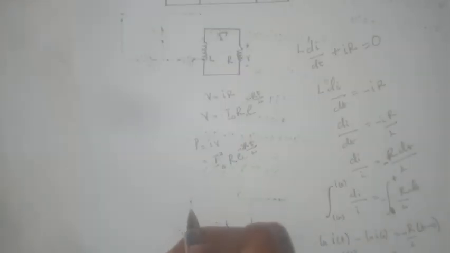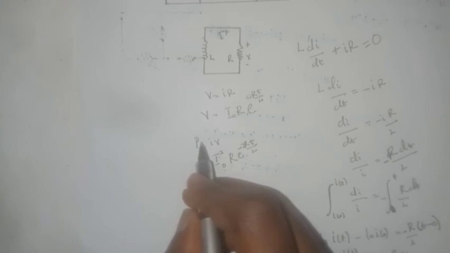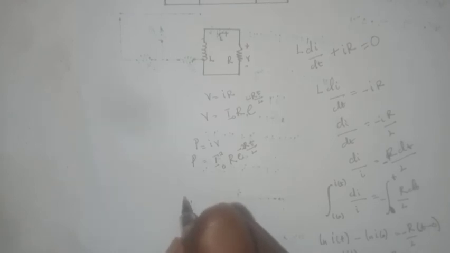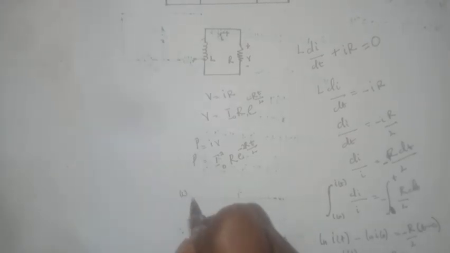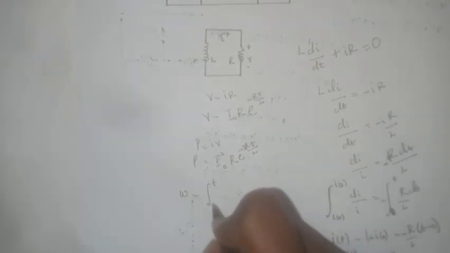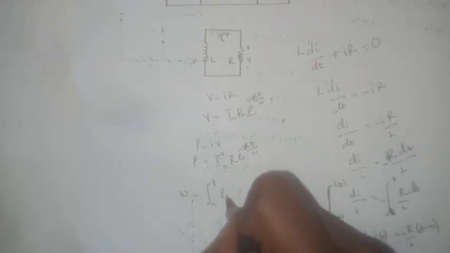and then further proceed to integrating this expression with respect to time. And if we do that, we'd have the integral of p dt with upper limit t and lower limit 0.